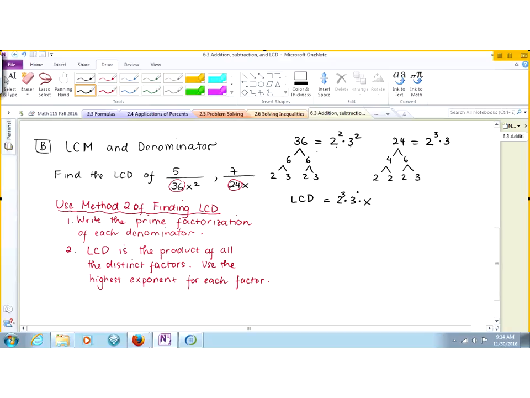What is the highest exponent for 3? 2. And I didn't write the x, but what is the highest exponent for x? Square. So this is your LCD. What is 8 times 9? 72. So your LCD here is 72x squared. Yes, so far so good?